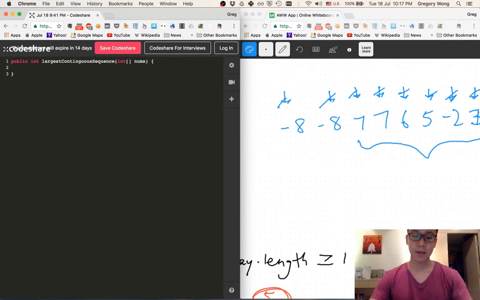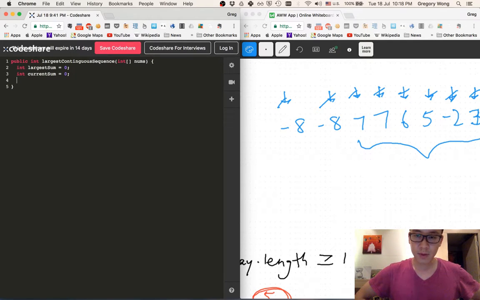As I said, I would step through the array starting from the beginning. I need to keep track of the largest sum and also the current sum.